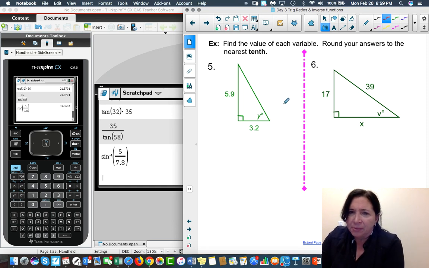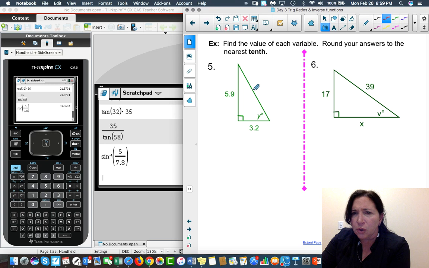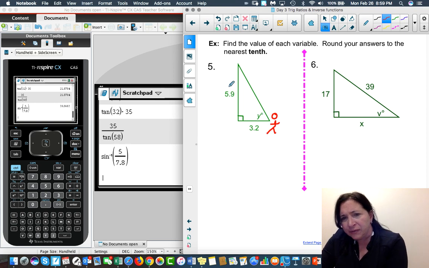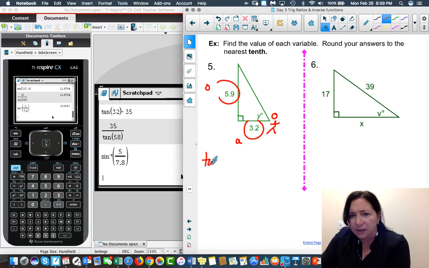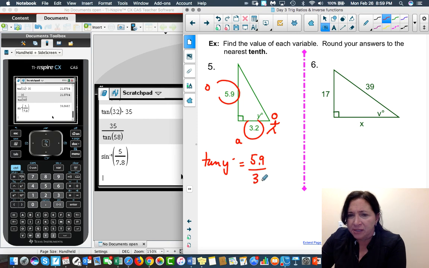For this problem right here, I don't have the hypotenuse and I'm not trying to find the hypotenuse. So I'm going to use tangent, because all I have, if I put myself here, is the opposite side, and I've got the adjacent side. Tangent of the angle I'm trying to find gives me the opposite side over the adjacent side.